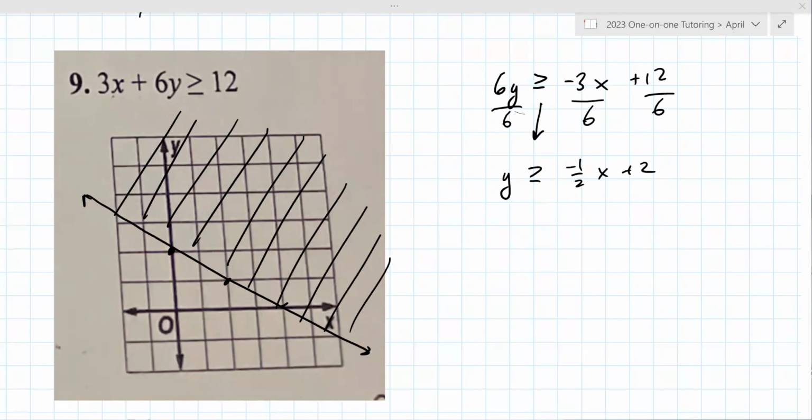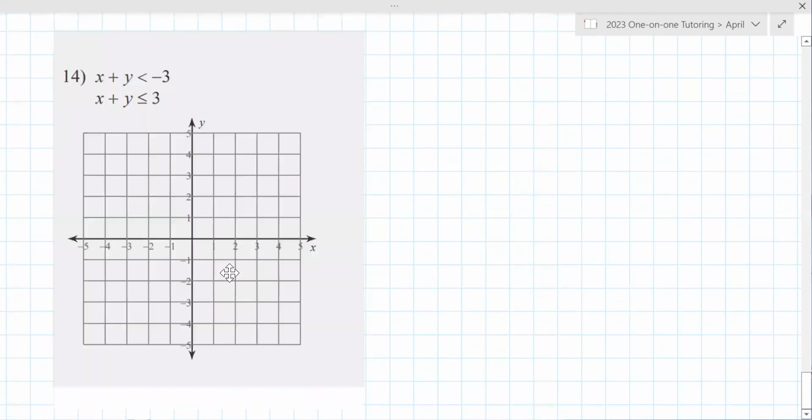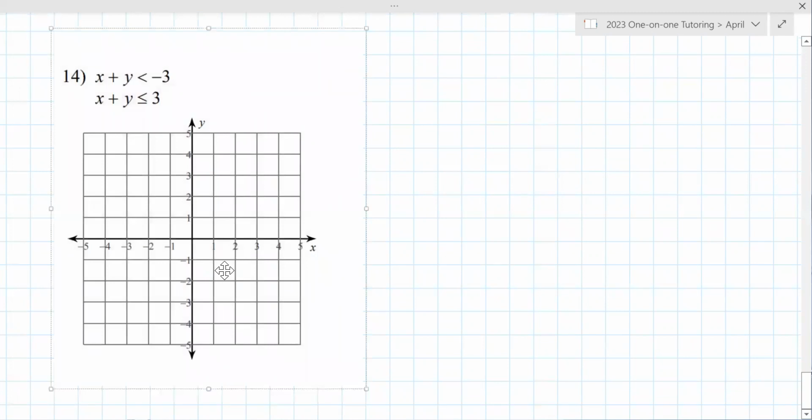Okay, I'm gonna keep looking here for some problems that I think would be good for us to work on. All right, so here's a first problem for you to look at. I'd like you to solve both inequalities for y, like we've been doing.